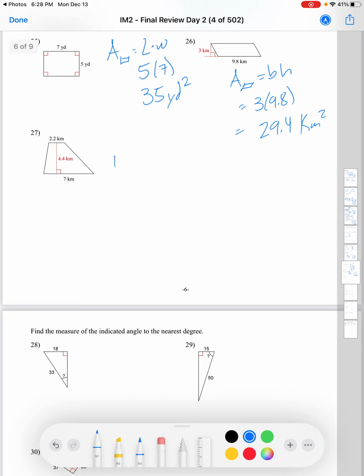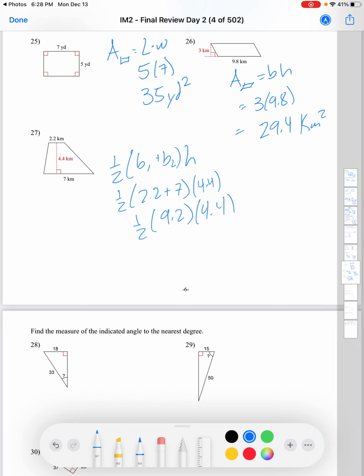For a trapezoid, it is 1/2 the first base plus the other base times the height. So it's 1/2 of 2.2 plus 7 times our height, the distance between the bases, 4.4. That's going to be 1/2 of 9.2 times 4.4. That's going to be 4.6 times 4.4.